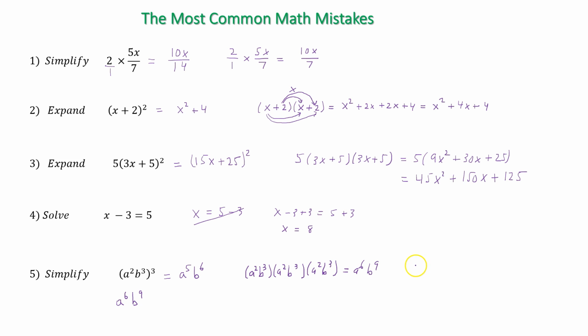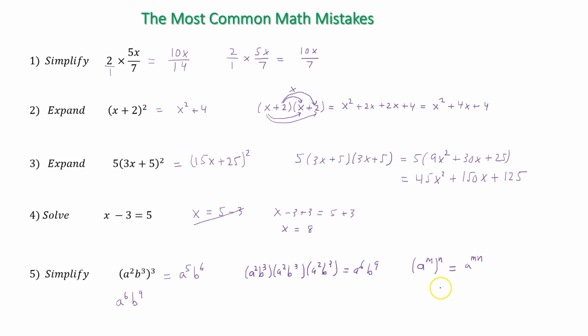The exponent law is that if we have a to the power of m and then to the power of n, that's equal to a to the power of m times n. Okay?